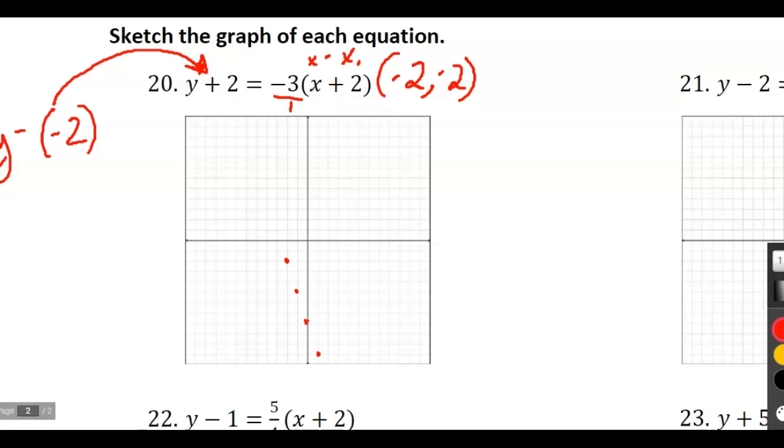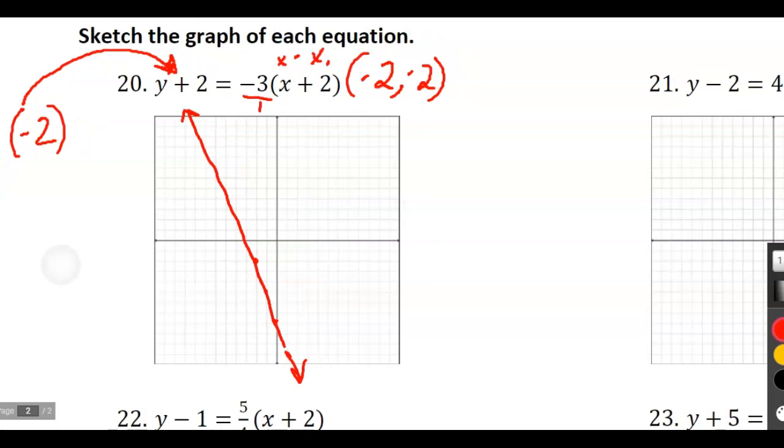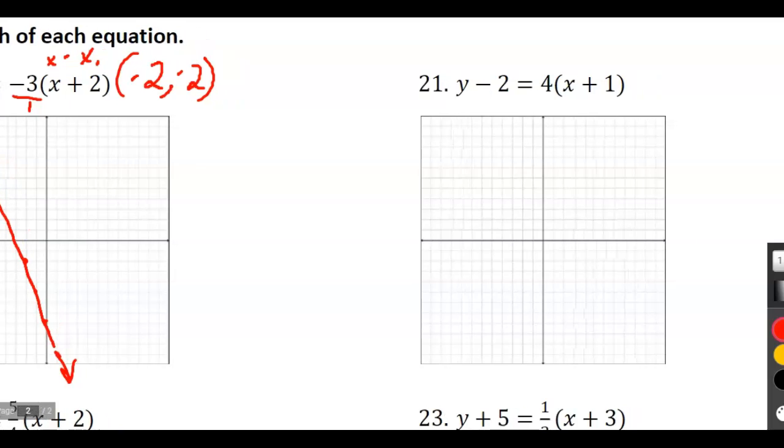If you have a point and you have the slope, you can graph any line. So I started at the point. It's always the opposite. That's the hardest part. And then I just apply my slope and then I draw a line, which I'm sure some of my pros know how to do without sketching it like I just did, but we're good.